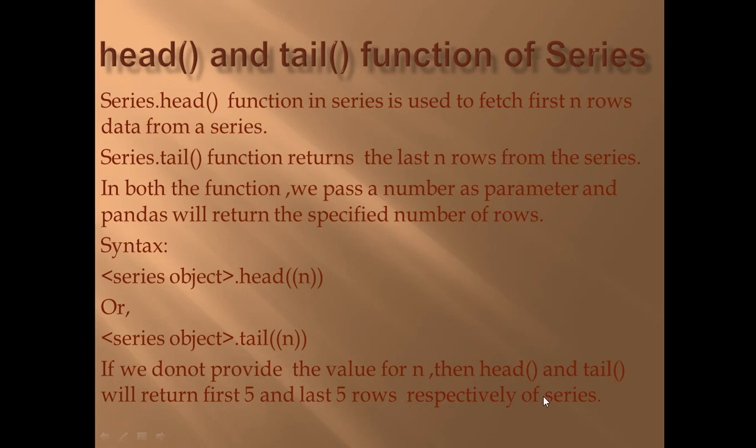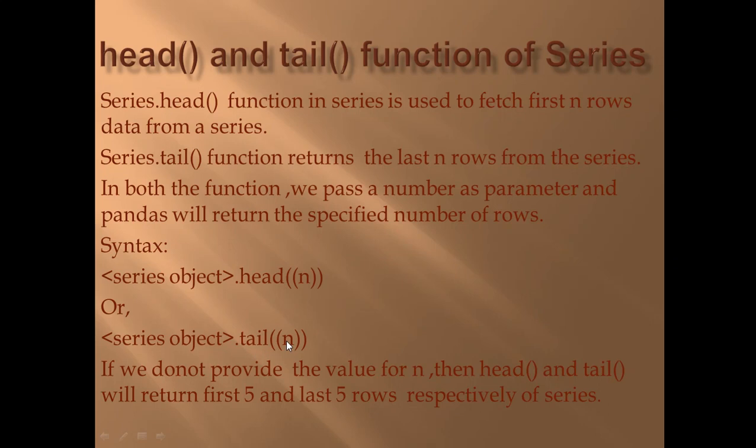That is, if you do not specify any number in the head function, the first 5 rows will be returned. That means by default the value of n is 5. And if we do not specify the value for n in the tail function, then the last 5 rows will be returned.